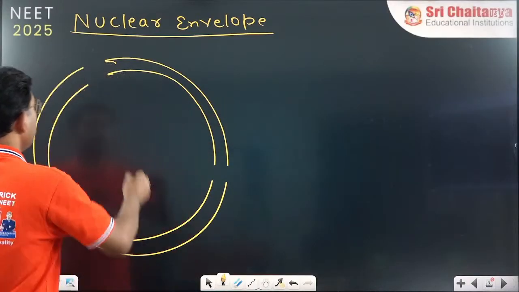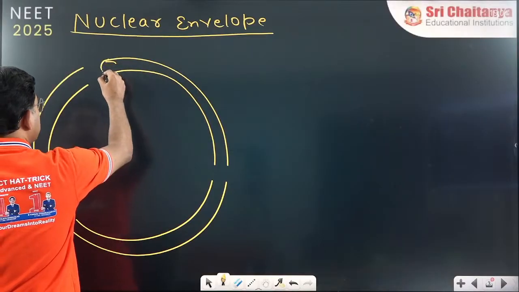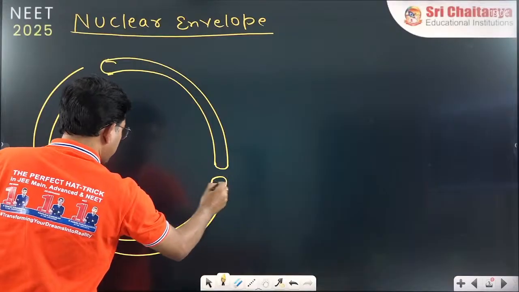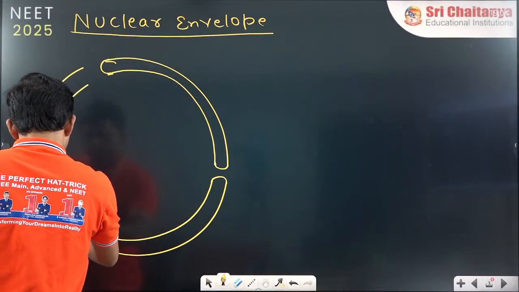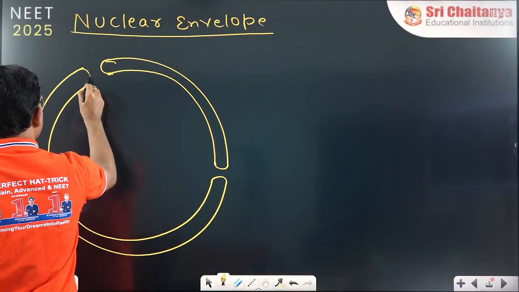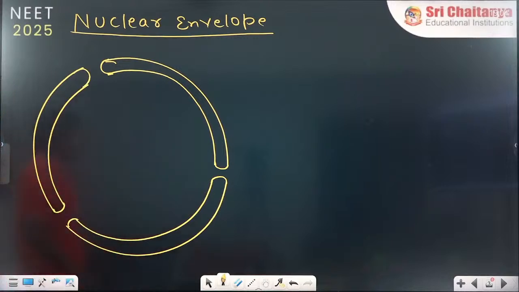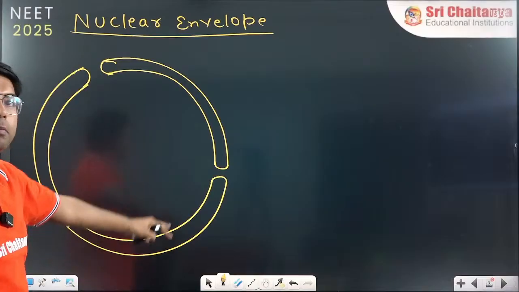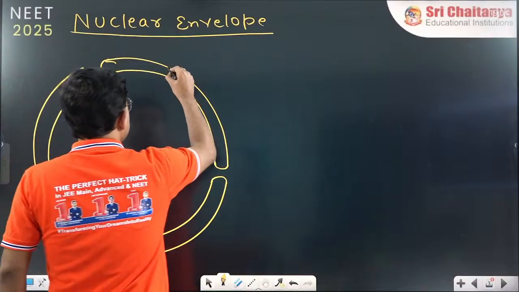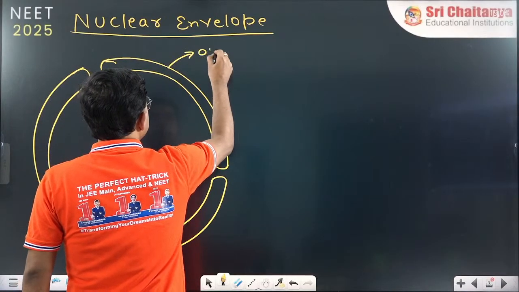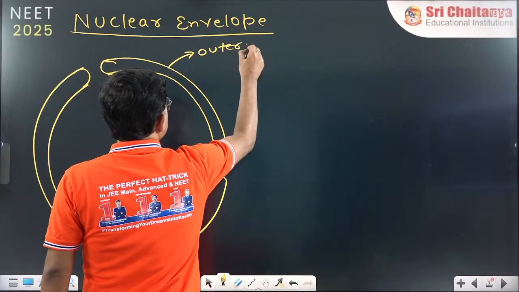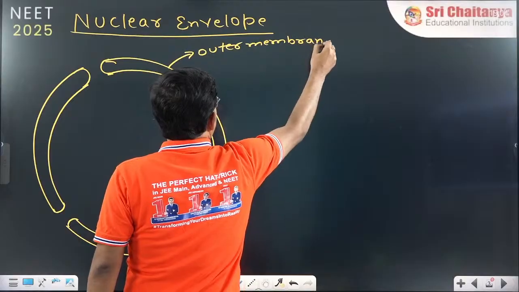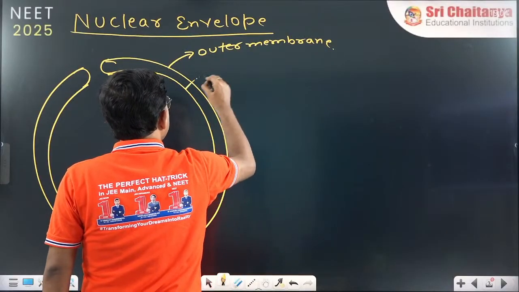Here we see there is an outer membrane and there is an inner membrane. See how I have drawn this diagram. You can clearly see that this is the nuclear envelope. It has an outer membrane and it has an inner membrane.